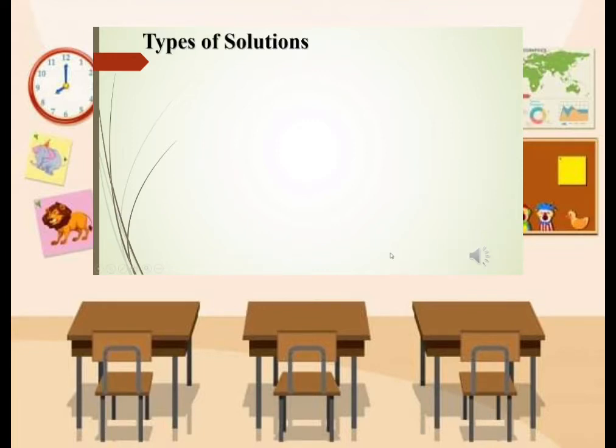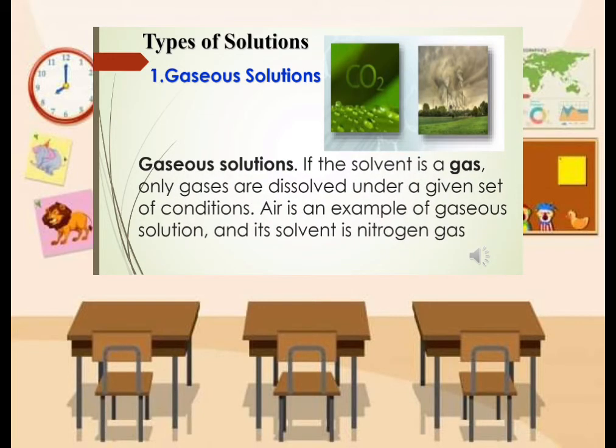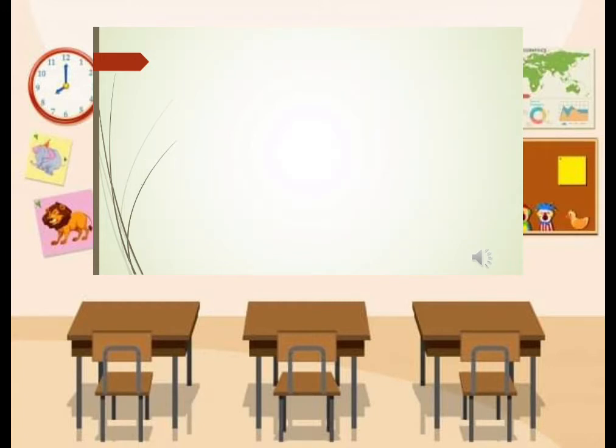Types of solutions. Number 1, gaseous solutions. If the solvent is a gas, only gases are dissolved under a given set of conditions. Air is an example of a gaseous solution, and its solvent is nitrogen gas.